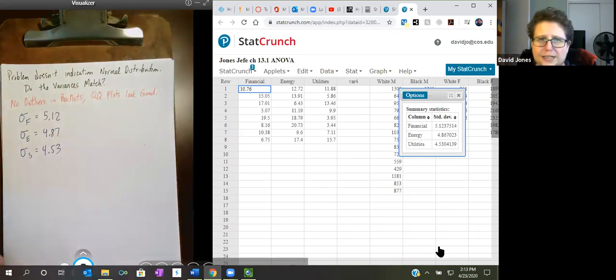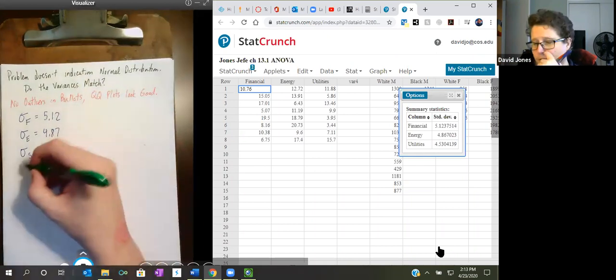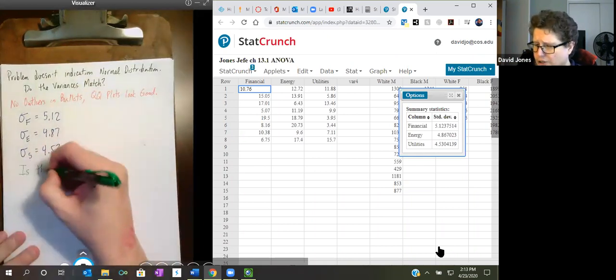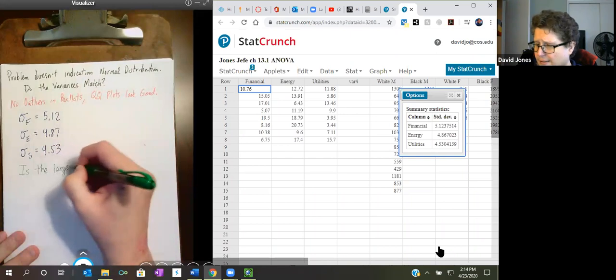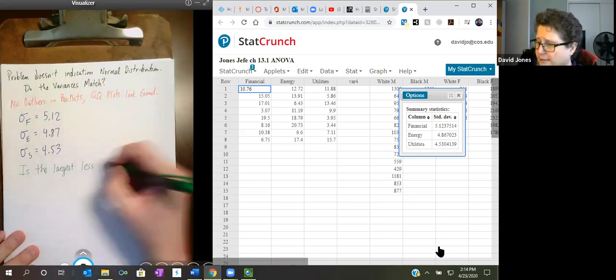Is the largest less than twice the smallest? That's how it works in words.